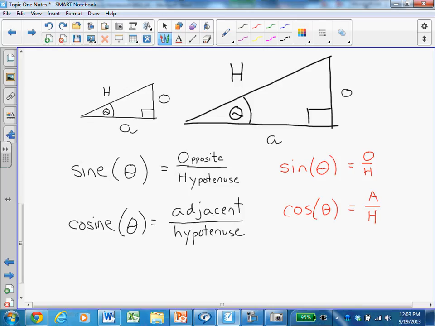So the ratio of A, the adjacent, over the hypotenuse, is the cosine. This angle has the same cosine as this angle. Even though the sides are different lengths, the ratios are the same.